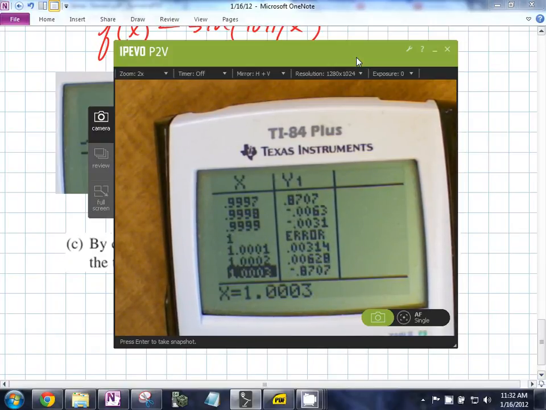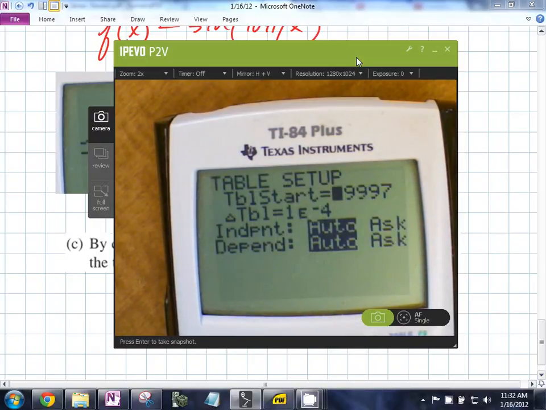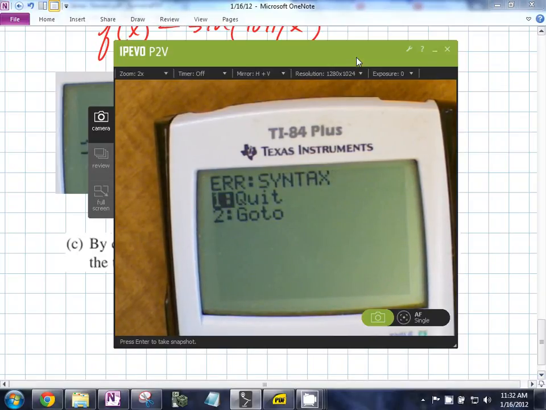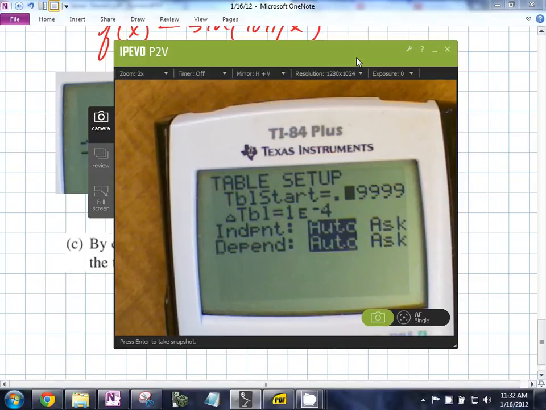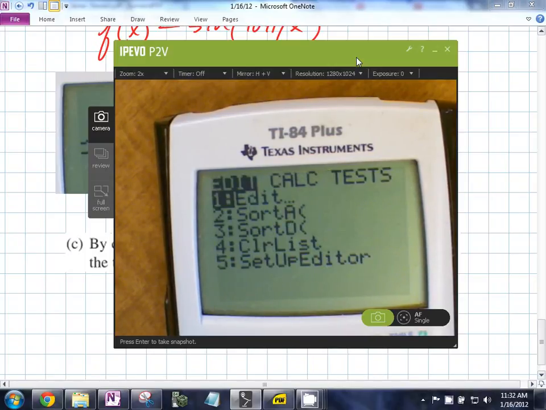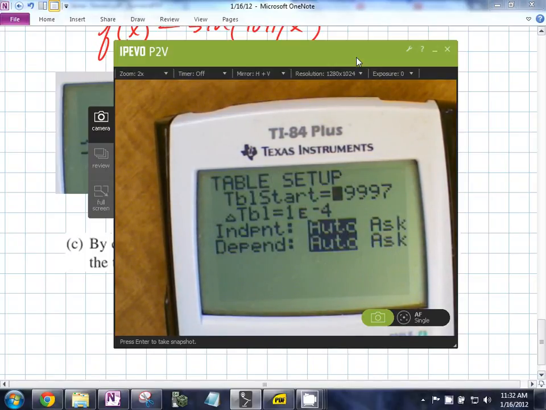So what are we at, 0.999? What do we want to start? How about this? 0.1234, right? Oh, you put 2 decimal points. Oh, thank you. Sorry. So table set, one of them. 0.1234, right? So 0.12341, right? We go to table.